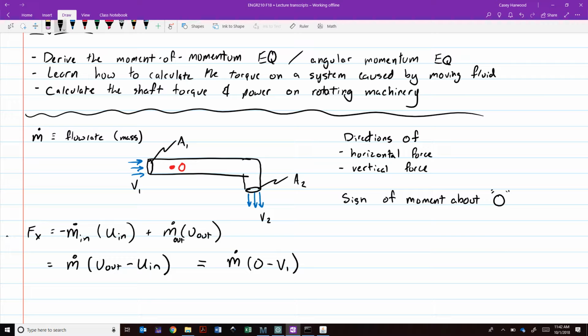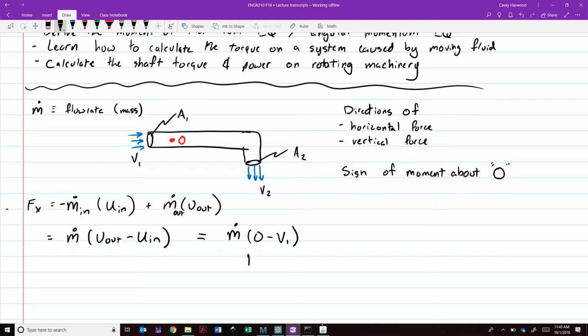So there's a reaction force on the pipe that's equal and opposite. If this pipe were bolted to a wall or hung on a pipe hanger, the reaction force on the pipe would be m dot v1 directed to the right.